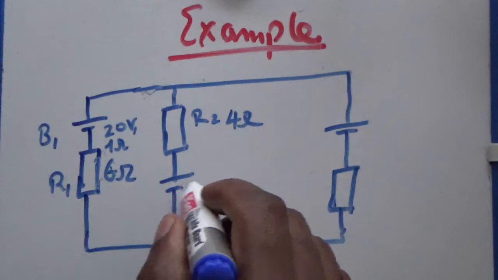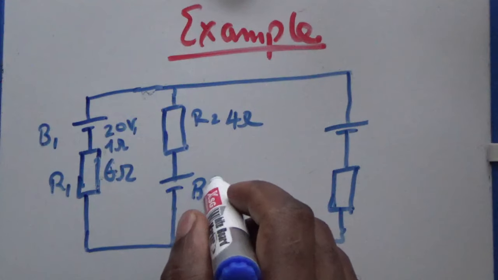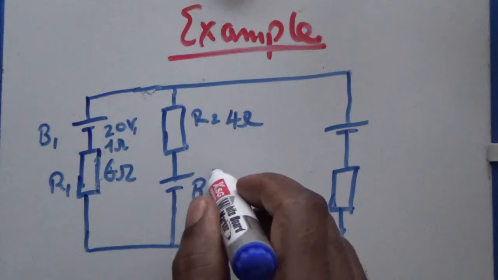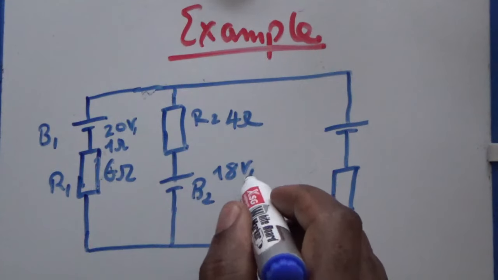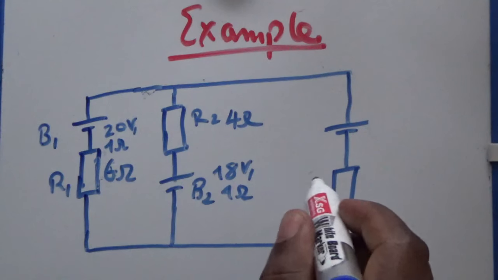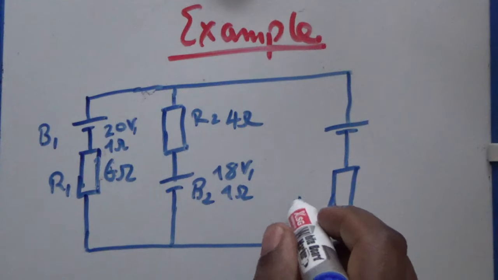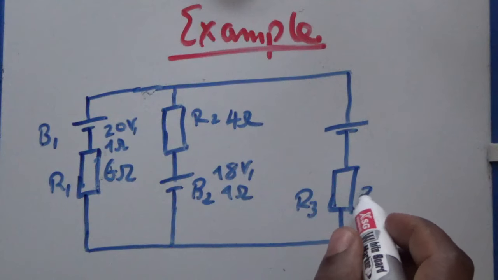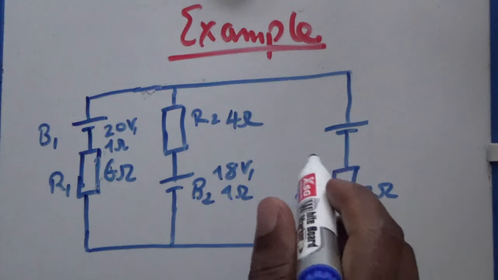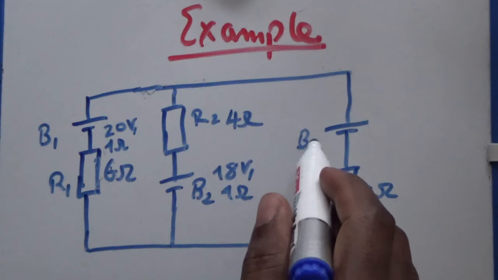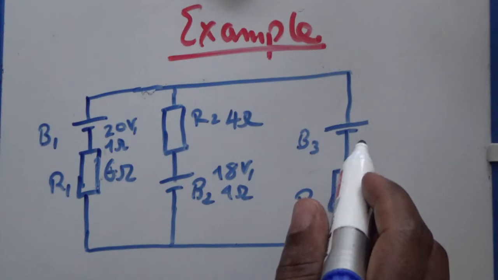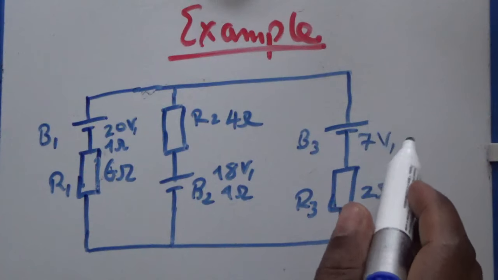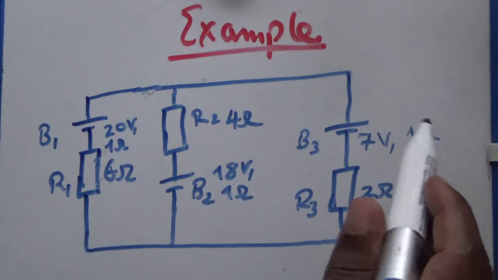This is B2, and it is about 18 volts and 1 ohm internal resistance. This is R3 with 2 ohms. And this is B3 with 7 volts, 1 ohm.